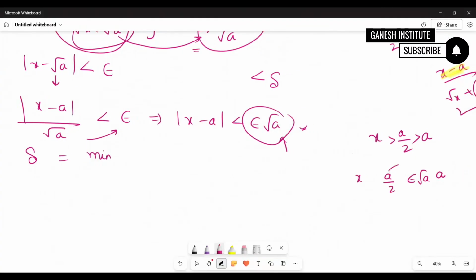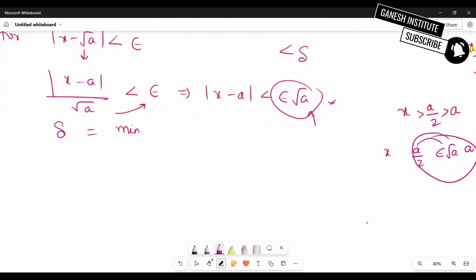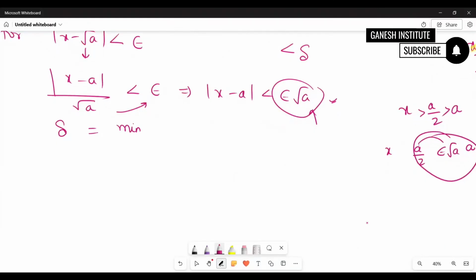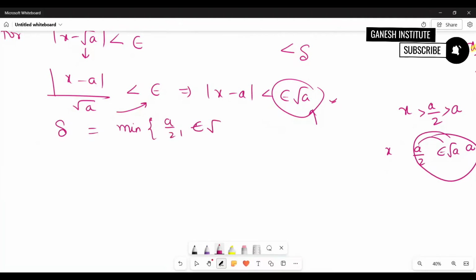So you can have delta in between these two. You can say that it is the minimum. You can take any of the minimum value and get your answer minimum than that. So you will say that, oh, it is not boundless. It has a boundary. Are you getting my point? So you are saying that the minimum of a by 2 or epsilon root a you can take.